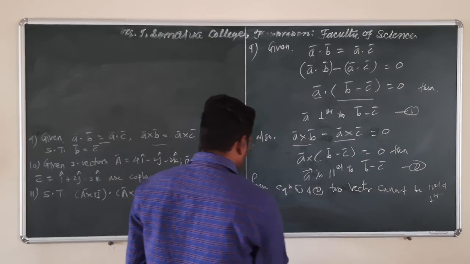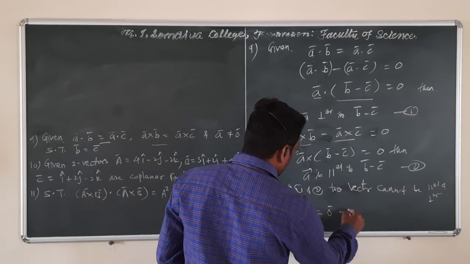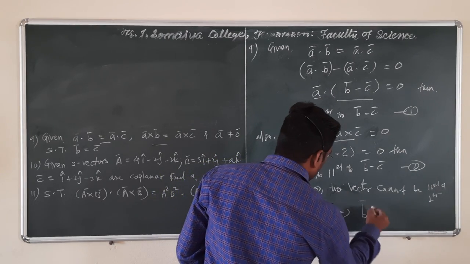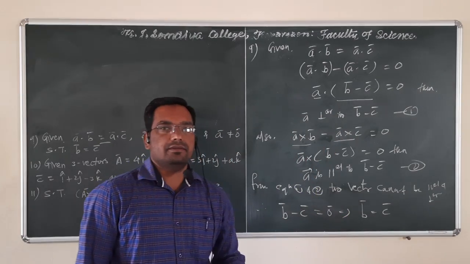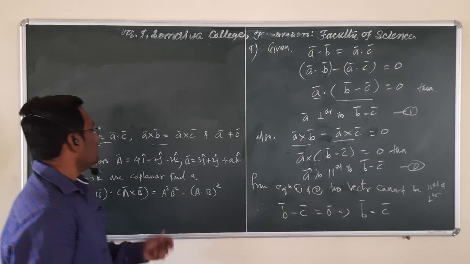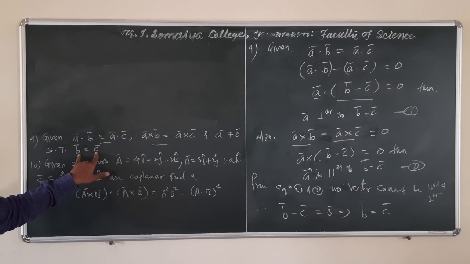Therefore, we get vector B minus C must be 0. That implies vector B must be equal to vector C if you take C on the right hand side. So with this we finish our problem number 5, that we had to show vector B equal to vector C. Now problem number 10.